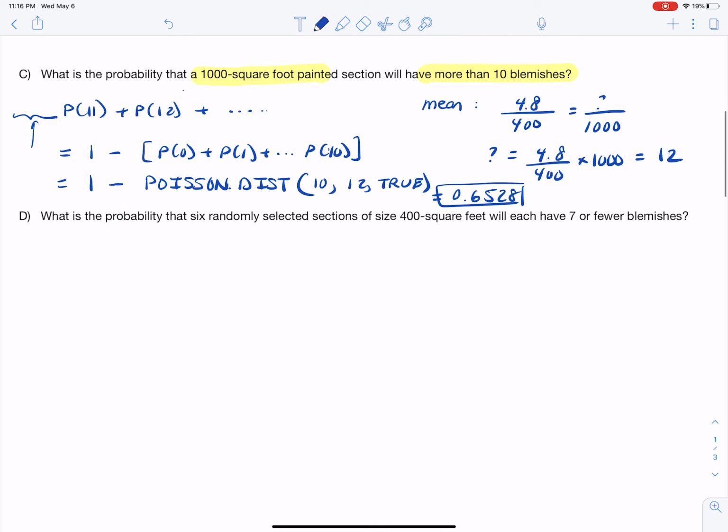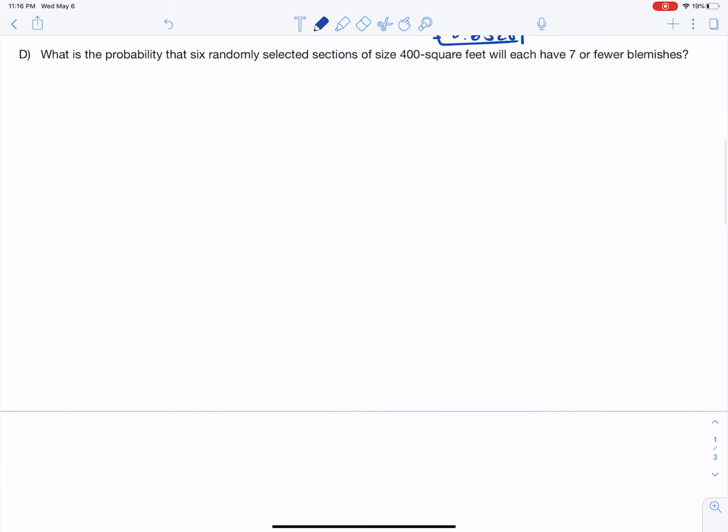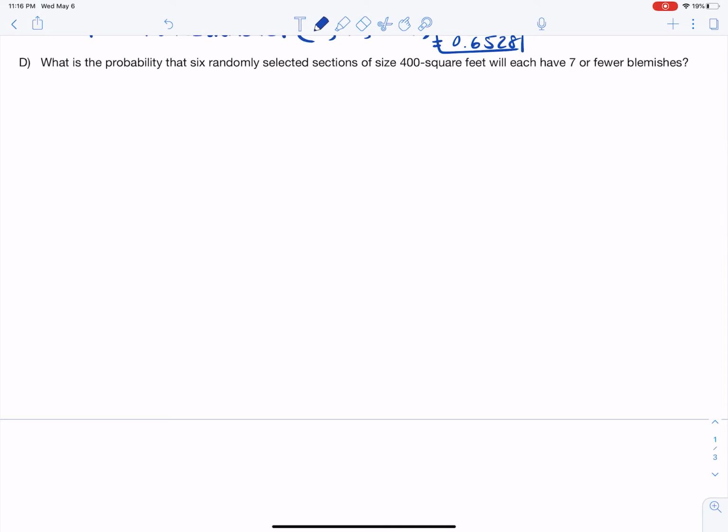Now, going back to the baseline, let's look at an extension here. So now we're going to randomly select 6 different 400 square foot plots. And what we want to know is the probability that all of them will have 7 or fewer blemishes. So let's concentrate first on the probability that one of them has 7 or fewer. Well, that we already know because we did a problem like that before. Poisson.dist.